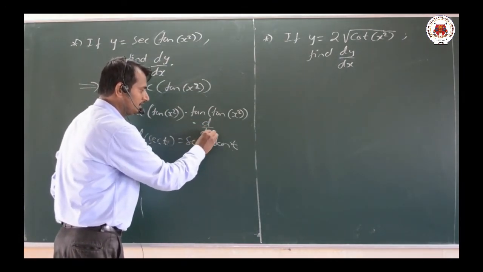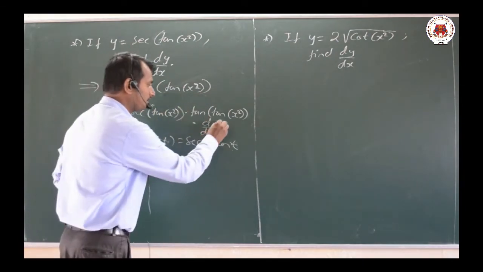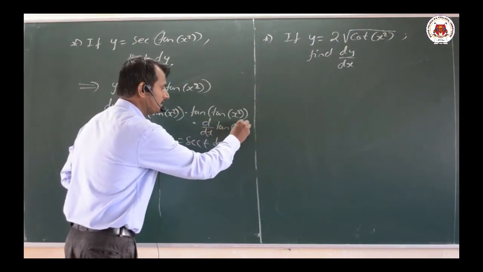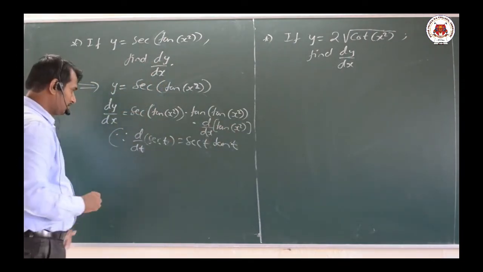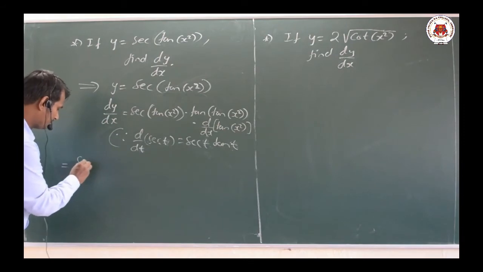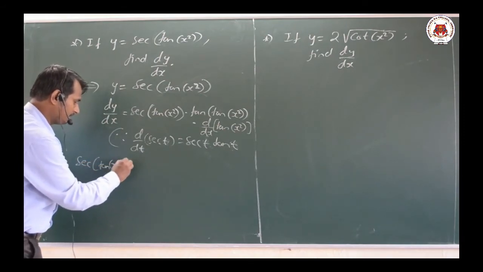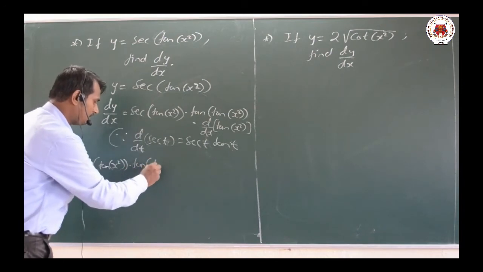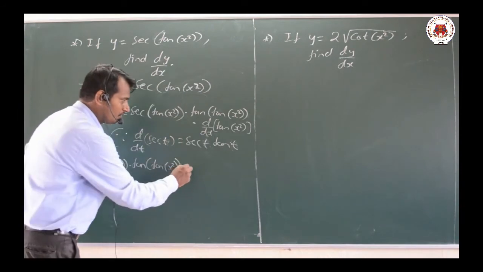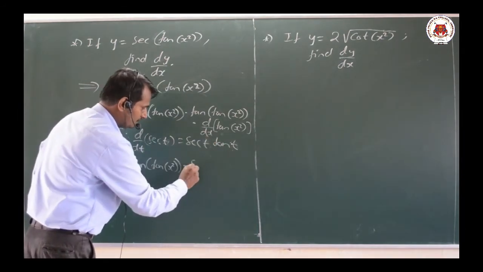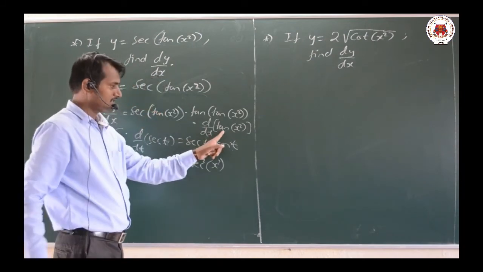Next is further differentiation of the innermost part. What is the innermost part here? That is nothing but tan of x square, that we require to find. Further differentiation of this part is equal to secant of tan of x square into tan of x square, into what is the differentiation of tan x? Tan x differentiation is secant square x.